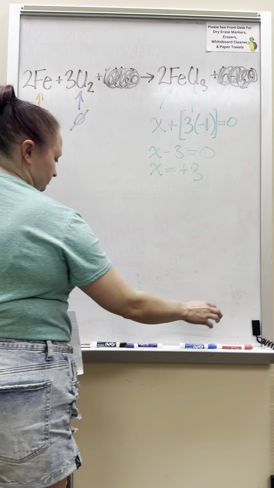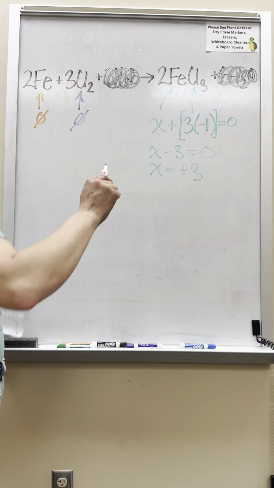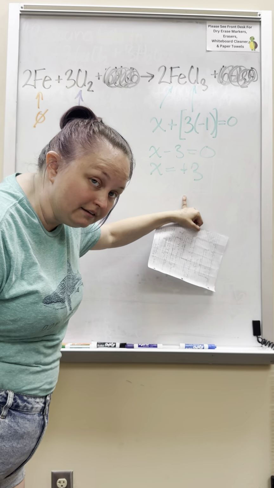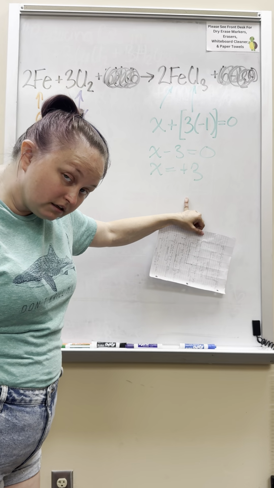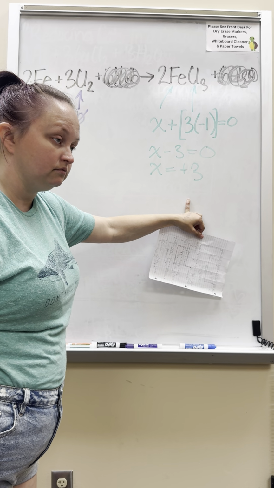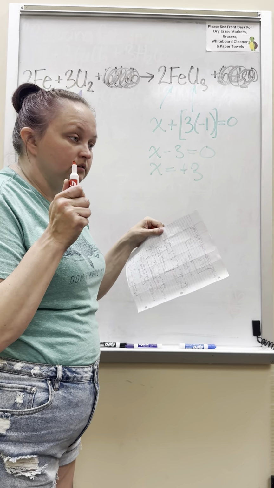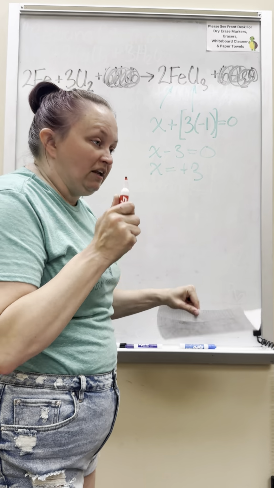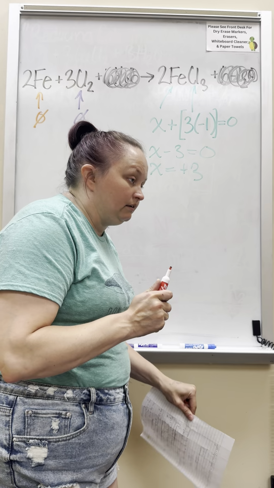So tell me, class, if you're going from 0 to a +3, are you reducing? Think of reducing as climbing down the stairs, okay?